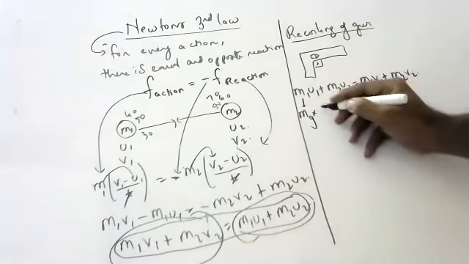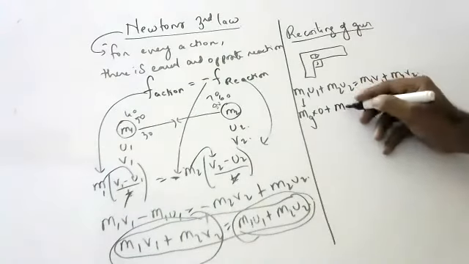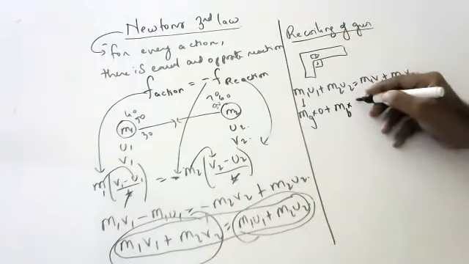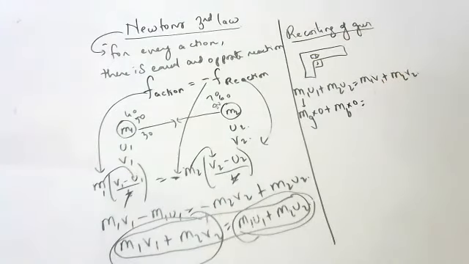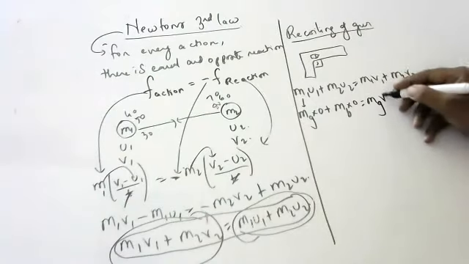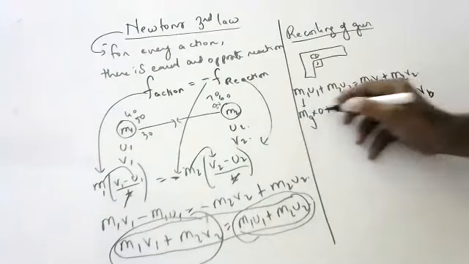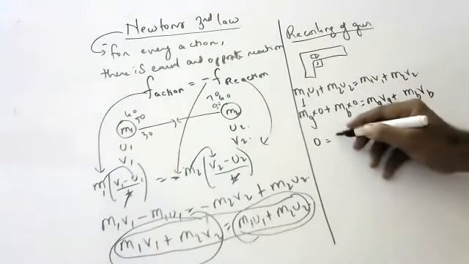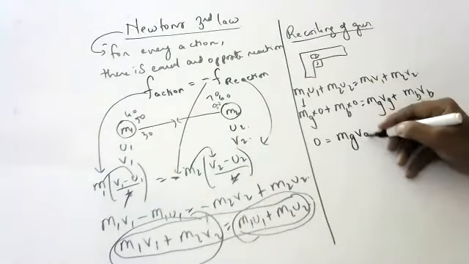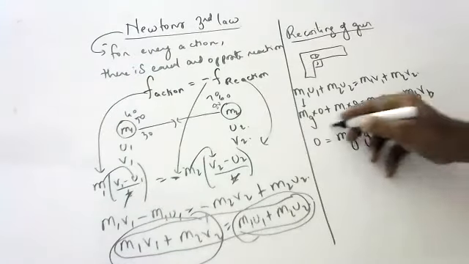Initial velocity of the gun is 0 because it is not moving initially. m2 is the mass of the bullet. Initial velocity of the bullet is also 0 because we didn't fire yet. This is the mass of gun, this is the velocity of gun, this is the mass of bullet, this is the velocity of bullet. 0 is equal to mass of gun into velocity of gun plus mass of bullet into velocity of bullet. Okay, so this goes here.